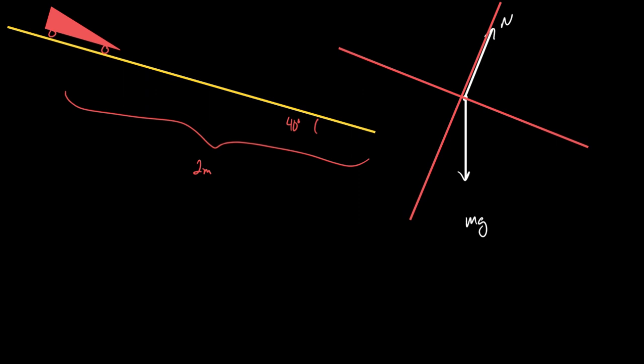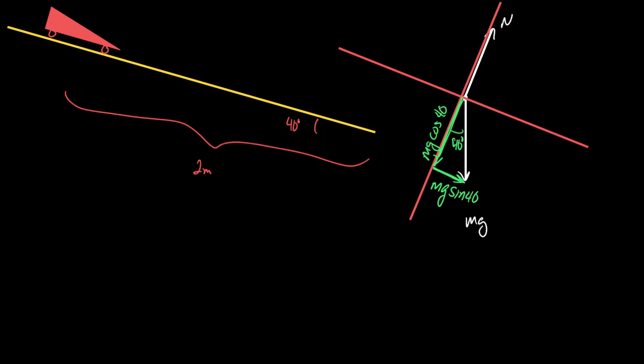That means that there will be a component of the weight this way and a component of the weight this way, and this has to be theta, or 40 degrees. All good? So the part of gravity acting down the ramp, mg sine 40, and part of gravity acting into the ramp, mg cosine 40. Any question about that? All right.